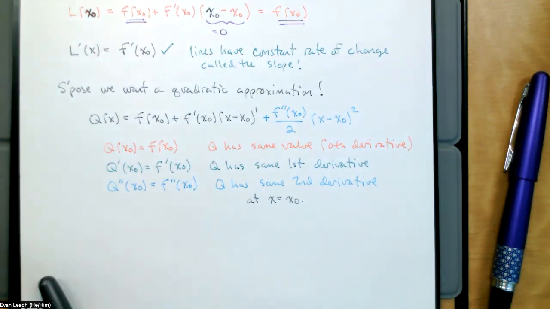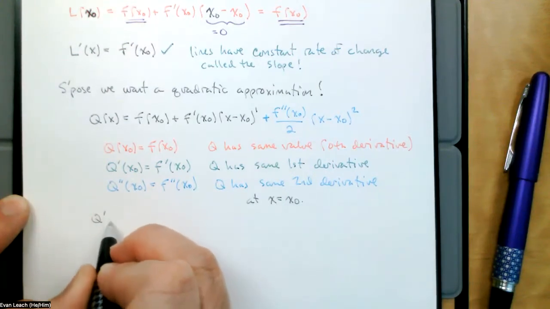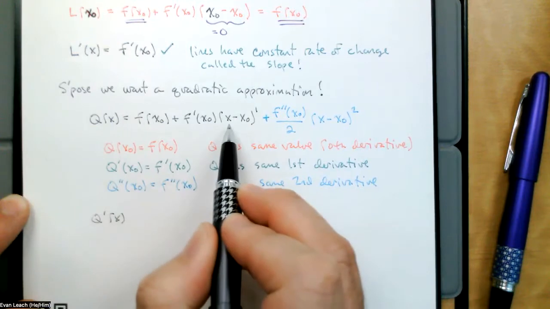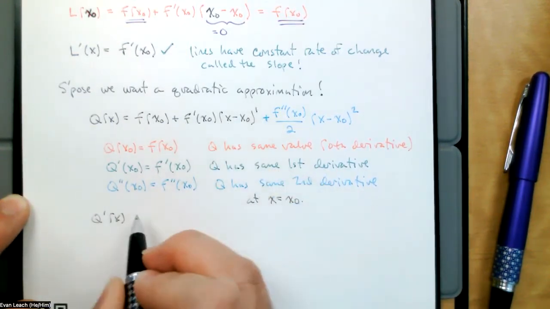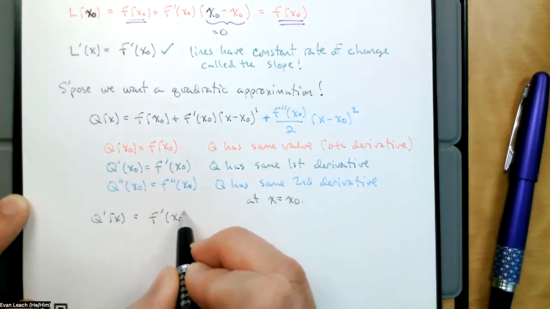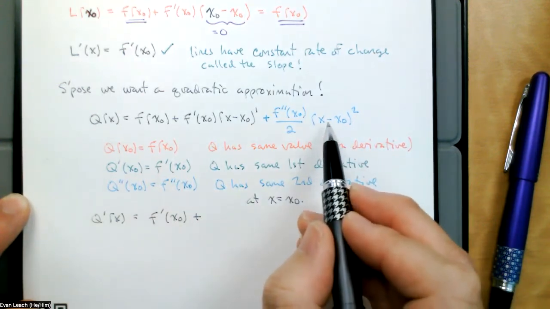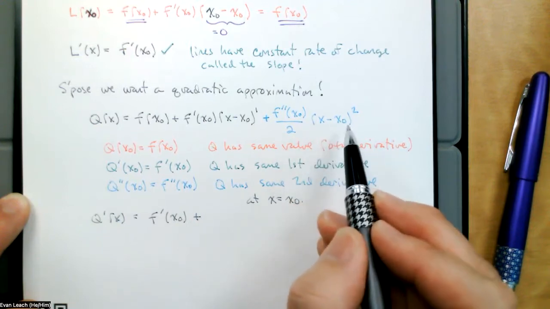Q prime of x. The derivative of this constant is 0. The derivative of x to the first power is 1 times that to the 0 power. So all that we're left with is f prime at x naught. The derivative over here, I have x to the second power. The derivative of x squared is 2x.